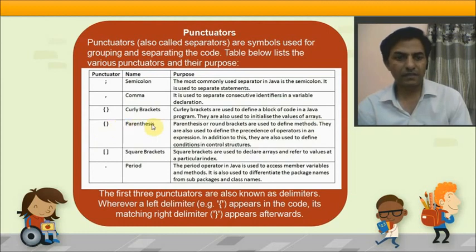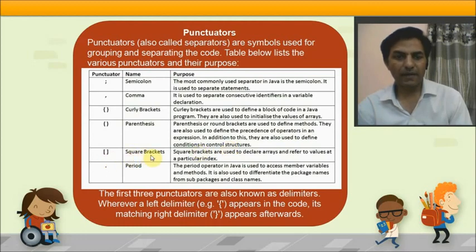Fourth one is parentheses, or round brackets, used to define methods. They are also used to define precedence of operators in an expression. In addition to this, they are also used to define conditions and control structures.